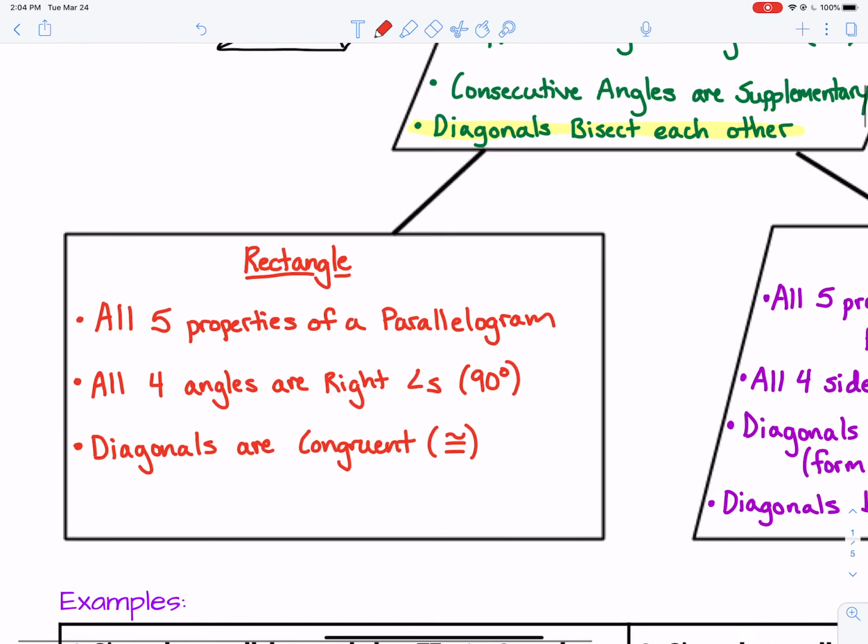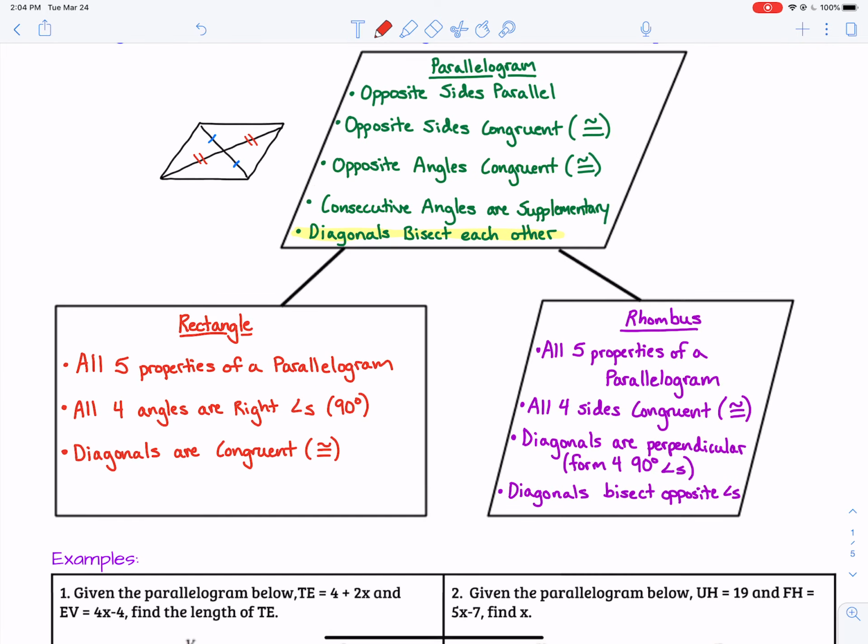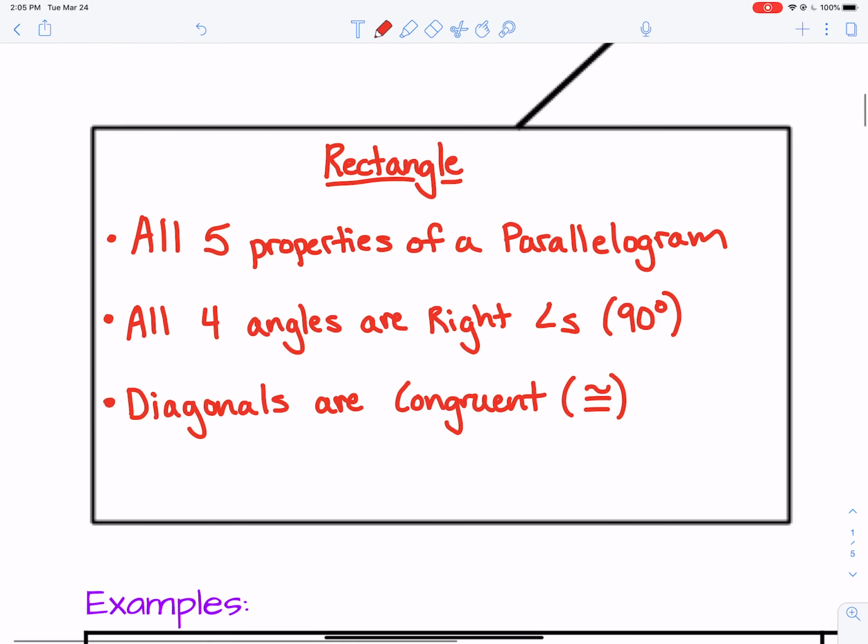Now for rectangles, a rectangle is a parallelogram, so it has all 5 properties of a parallelogram. So all 5 of the ones we've just named off would apply any time you have a rectangle in a problem. There are also 4 angles in a rectangle that are all right angles, and the diagonals are congruent to one another.